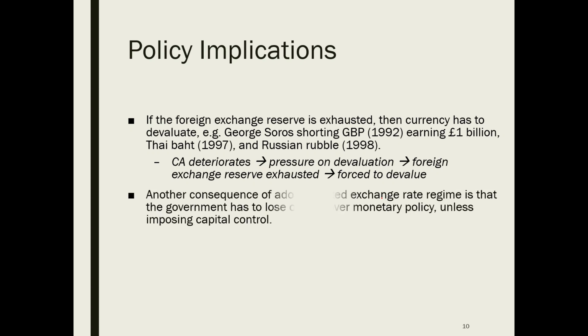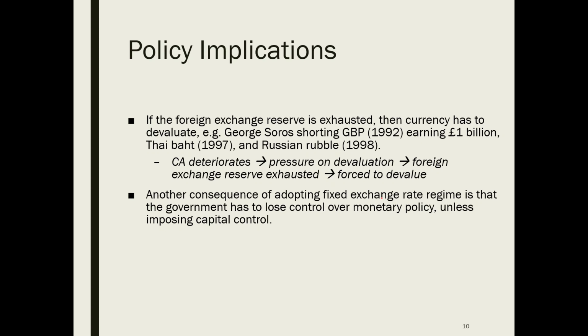As mentioned earlier, another drawback of the fixed exchange rate regime is its big sacrifice on the control over monetary policy. The central bank must adjust money supply to achieve the fixed exchange rate, even at the cost of a worse recession. This is summarized by the famous impossible trinity.